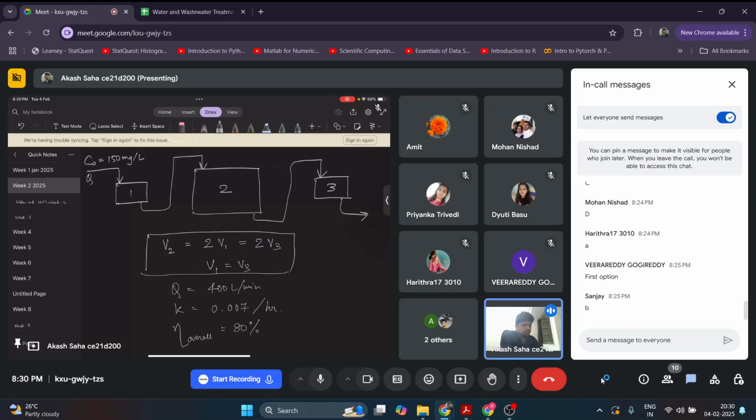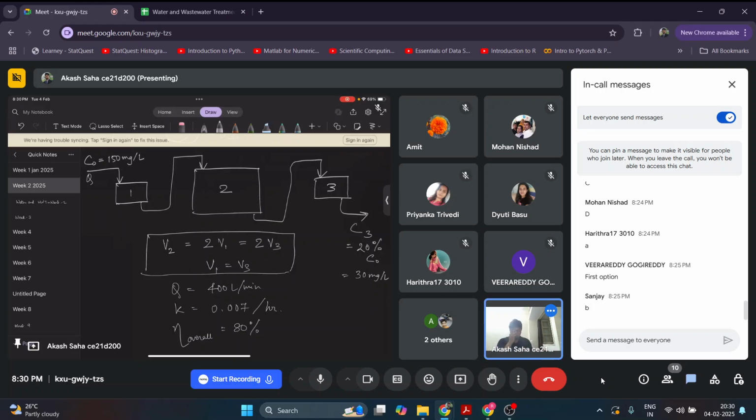That means if C naught is 150 coming in, the C3 coming out from the third reactor is after 80% degradation. That means 20% of C naught, which is equal to 30 milligram per liter. So this much information is given for the question.